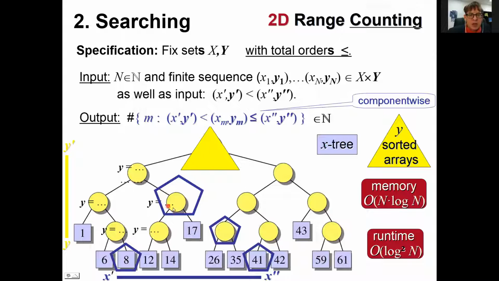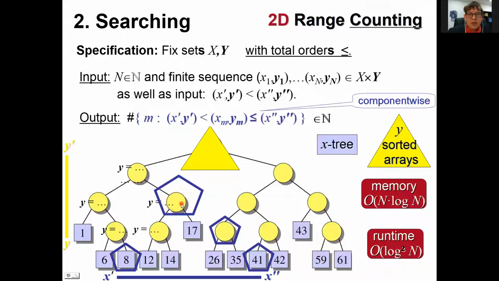But now for all the internal nodes, the ones marked here with pentagons, these ranges, in each range we now not simply add the number of elements, as in the previous case, but we perform two binary searches among these arrays with respect to the y coordinates.